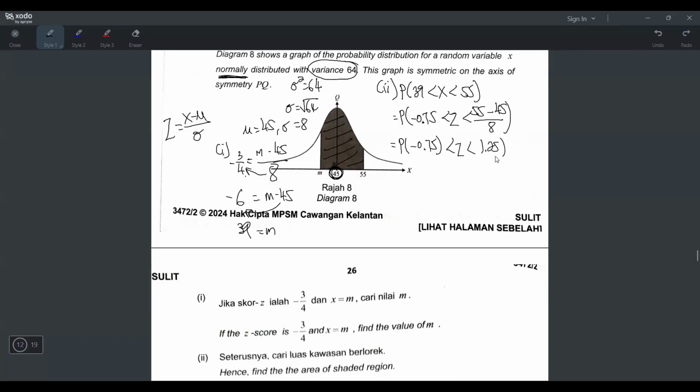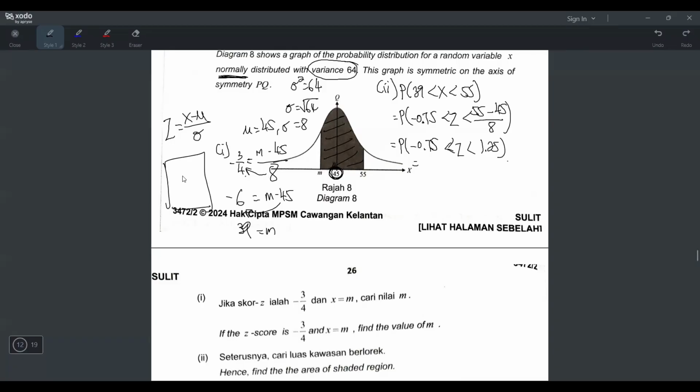Now we have to use our Z value table to get the area. But before that, if you look at this, you realize that you have to take 1 minus. The way I teach my students is you have to look at the case first. You can only look at the Z value table when it's Z bigger than a positive value.